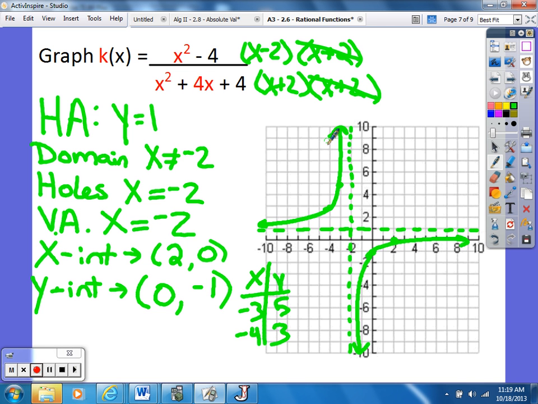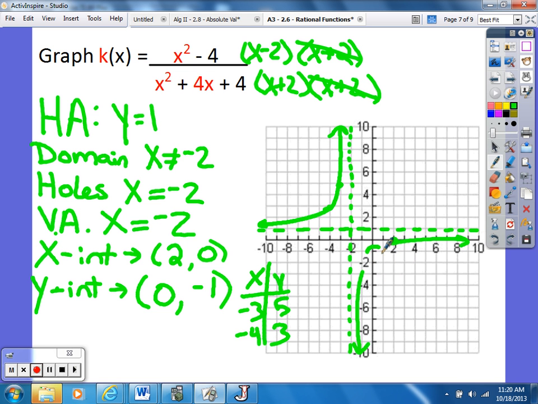One thing I want to point out to you. Normally, if there's a hole, there goes an open circle there. But since my hole and my vertical asymptote were the exact same, the vertical asymptote wins. You put the vertical asymptote instead of the hole. So if there was a hole right here, on my graph, I wouldn't be putting that lovely line.